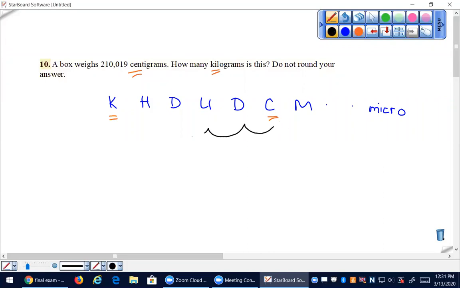So 1, 2, 3, 4, 5 to the left. So there we go. Don't make it harder than it is.